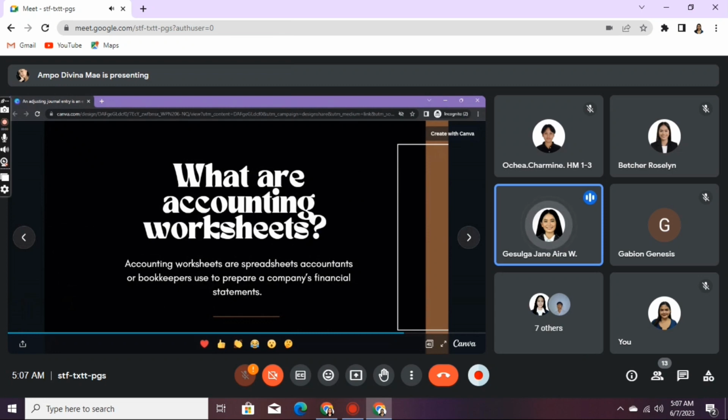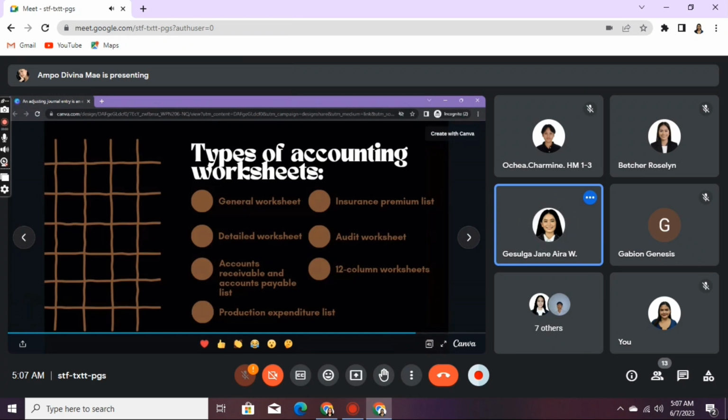So what are accounting worksheets? Accounting worksheets are spreadsheets accountants or bookkeepers use to prepare a company's financial statements. Next slide, please. So there are types of accounting worksheets. The first one is general worksheets.